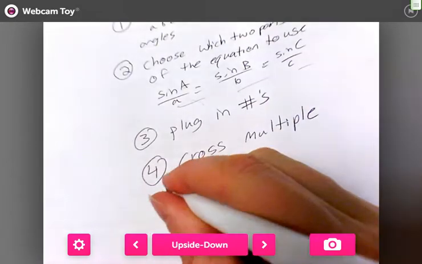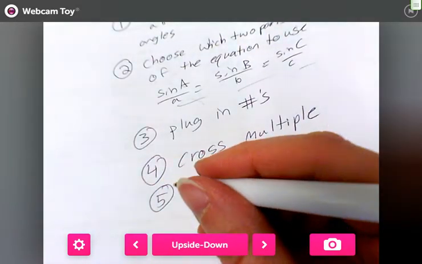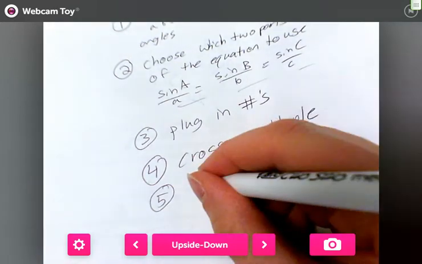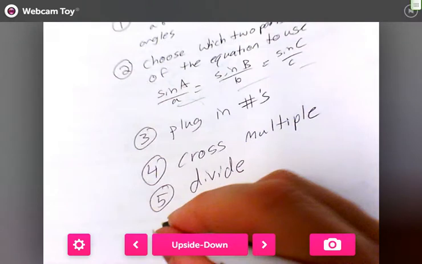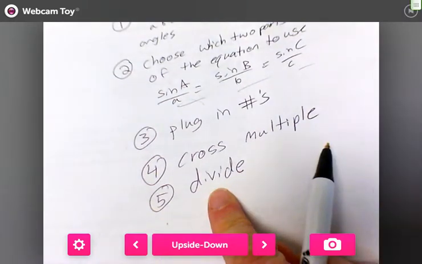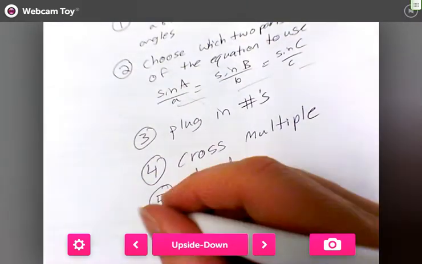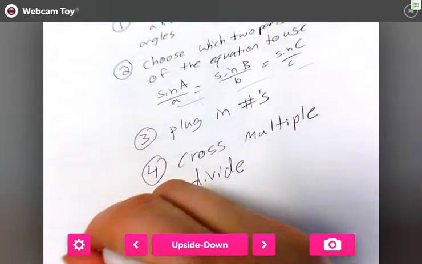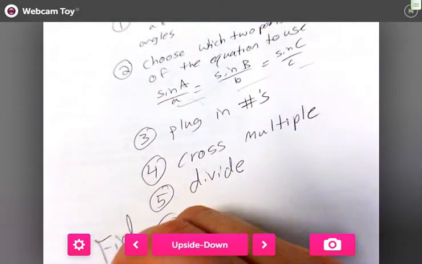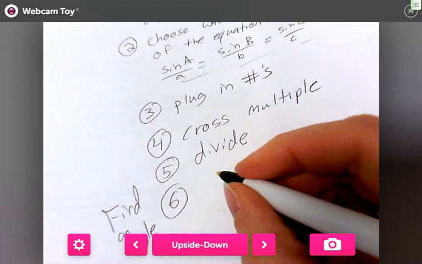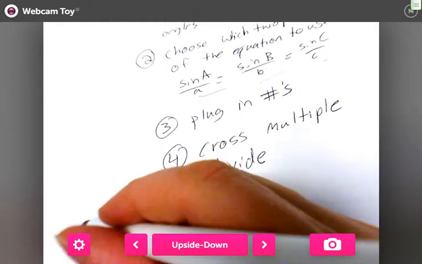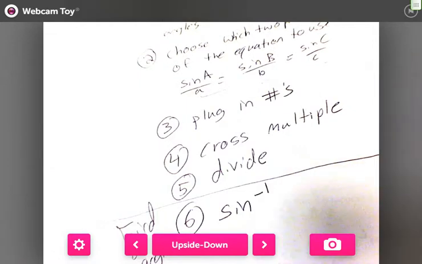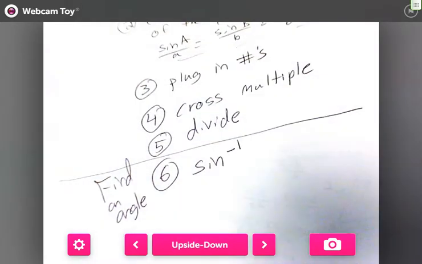Step 5, you're going to divide. I know you don't understand it. You will. We're going to keep practicing it. And after step 5, you divide and you'd be done, unless this is for finding an angle. You want to take the inverse sine as your last step. So if you're finding a side, you're done at 5. If you're finding an angle, you're done at 6.